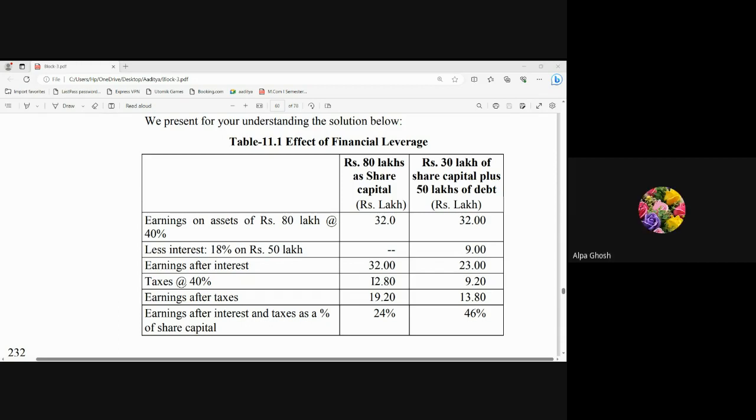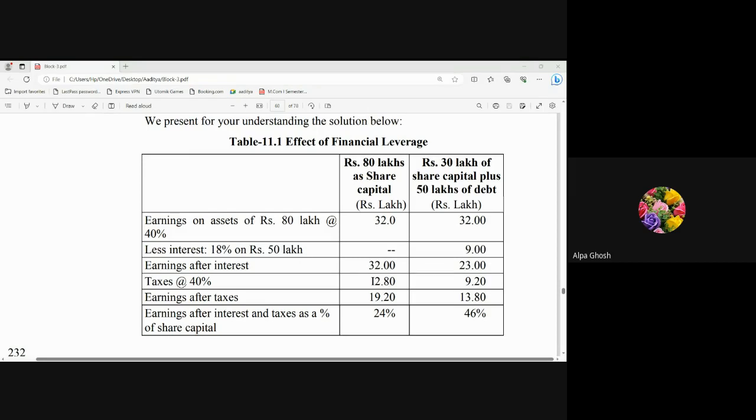Next, we are paying interest on debt. For the first option, we don't have any debt, so we will not be paying any interest. So you can see it is dash. For the second one, the amount of debt is 50 lakhs and the rate of interest is 18%. So 18% of 50 lakh is 9 lakh.